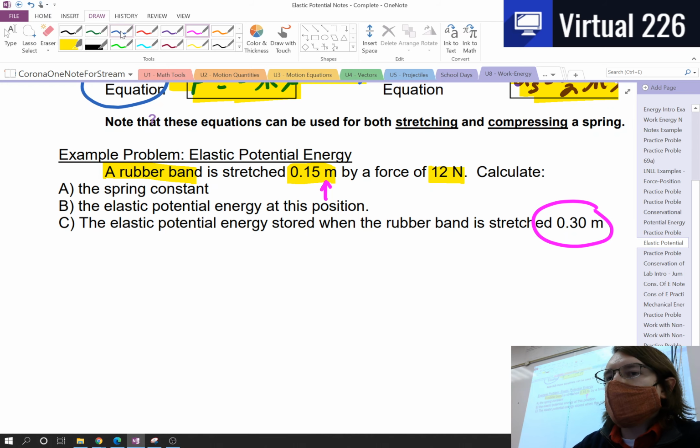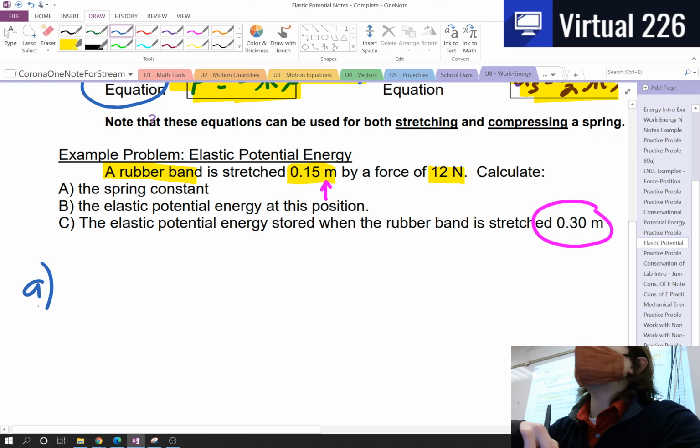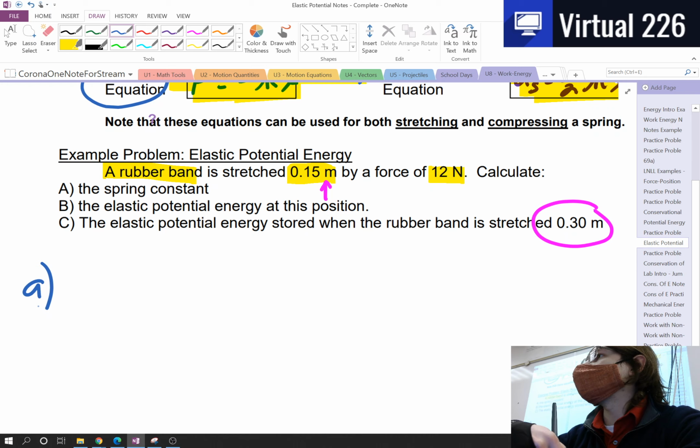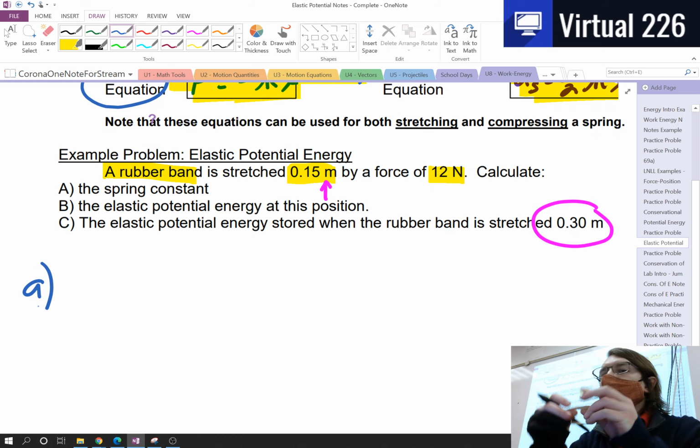When we do these problems, part A is arguably the most important, because you need to find the spring constant first. You cannot get the potential energy without knowing the spring constant, which we don't know. We just know how far it's stretched and what that force is.